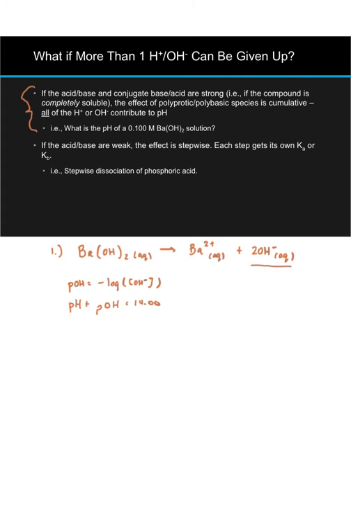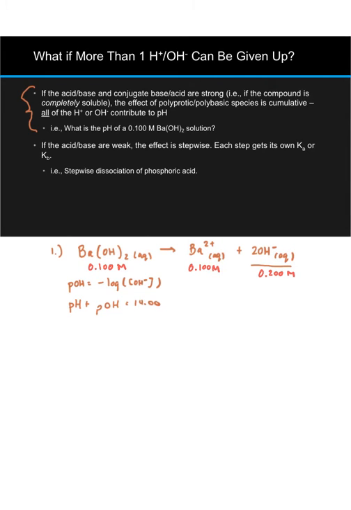To get our concentration of hydroxide ions, all we have to do is take into consideration how much of our intact molecular barium hydroxide we start with and determine a stoichiometrically equivalent amount of hydroxide ions at the end of this dissociation. Because we start with a 0.1 molar solution of barium hydroxide, by the time all of this dissociates, we'll have 0.1 molar barium and 0.2 molar hydroxide ions in solution, just from the stoichiometry of this reaction. That's all we have to do.